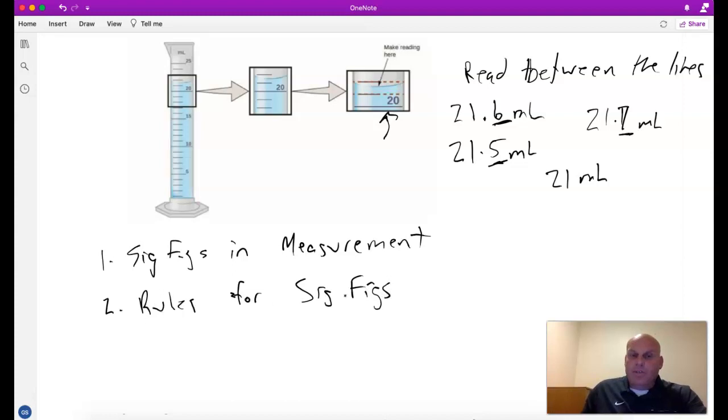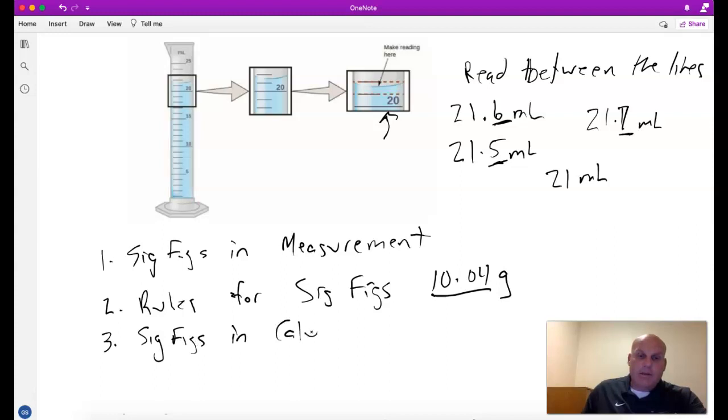I'll give you these rules in a minute, but basically this means when I look at a value, I need to be able to quickly identify how many significant figures are in that measurement. And finally, sig figs in calculations.